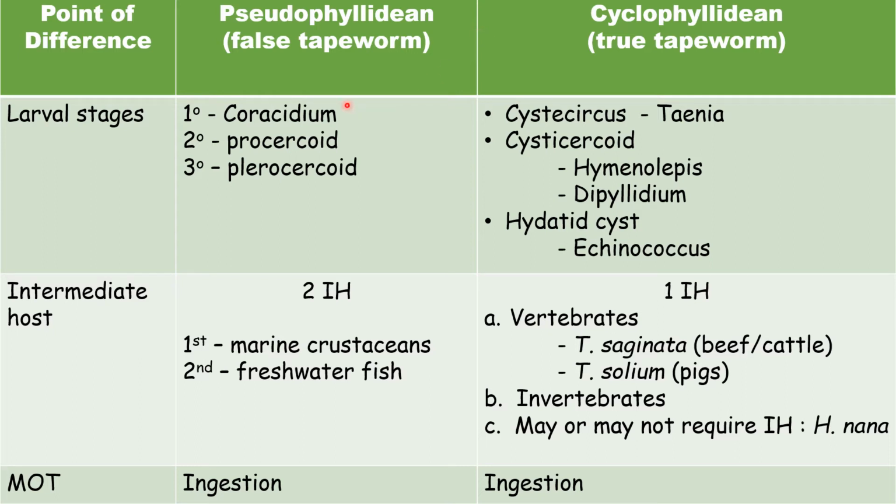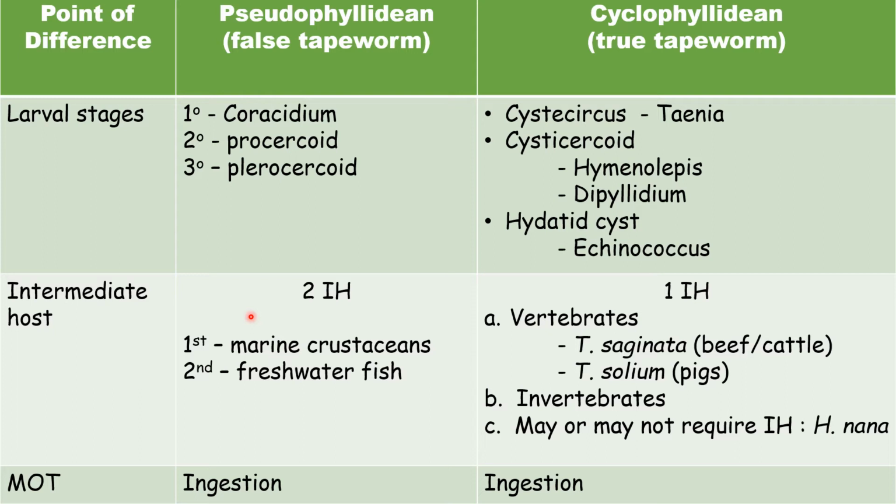Okay? So for the intermediate host, the pseudophyllidean usually requires 2 intermediate hosts. The first intermediate host is a marine crustacean. The second intermediate host is freshwater fish. For the cyclophyllidean, it varies. It only requires 1 intermediate host.